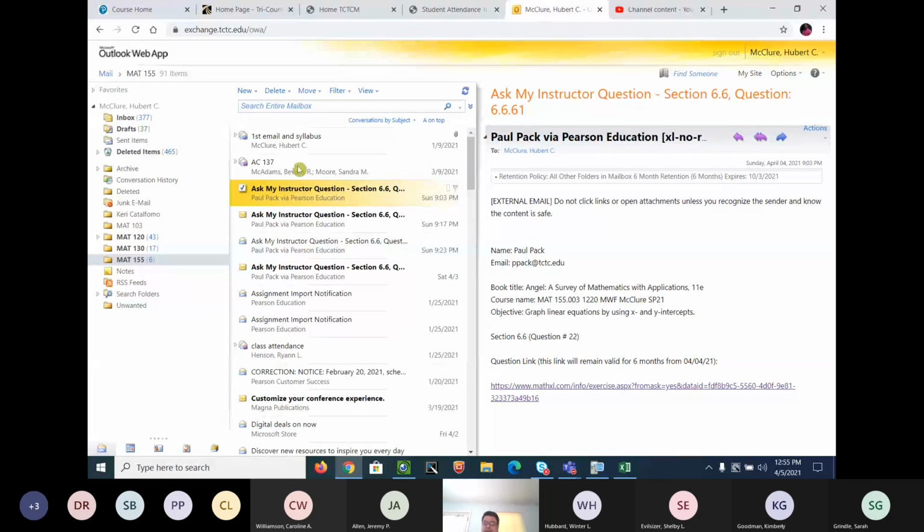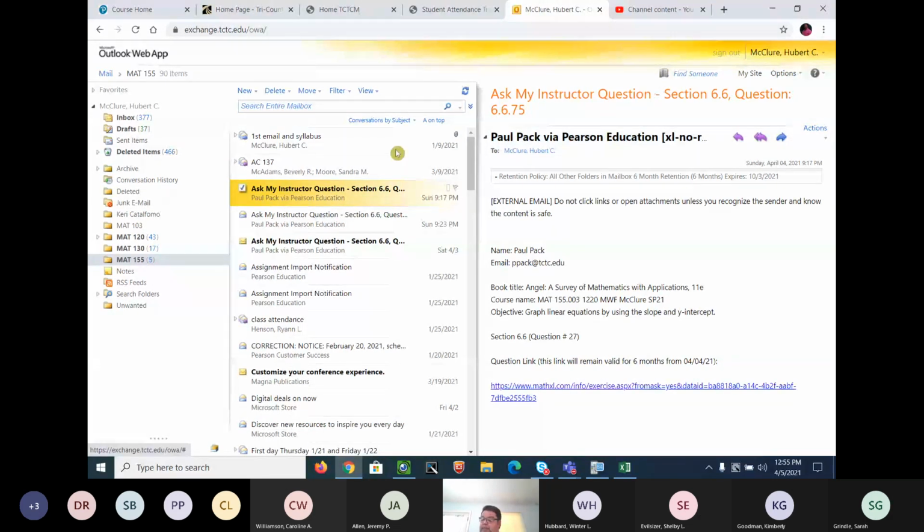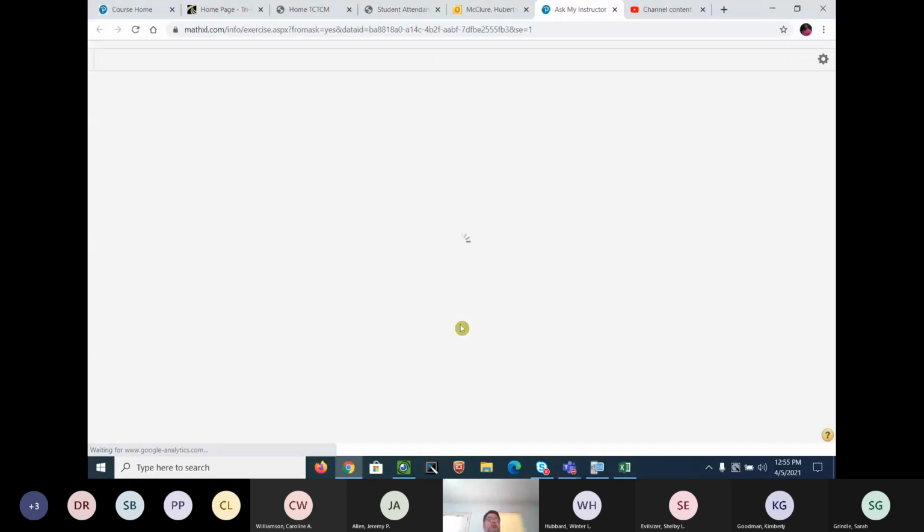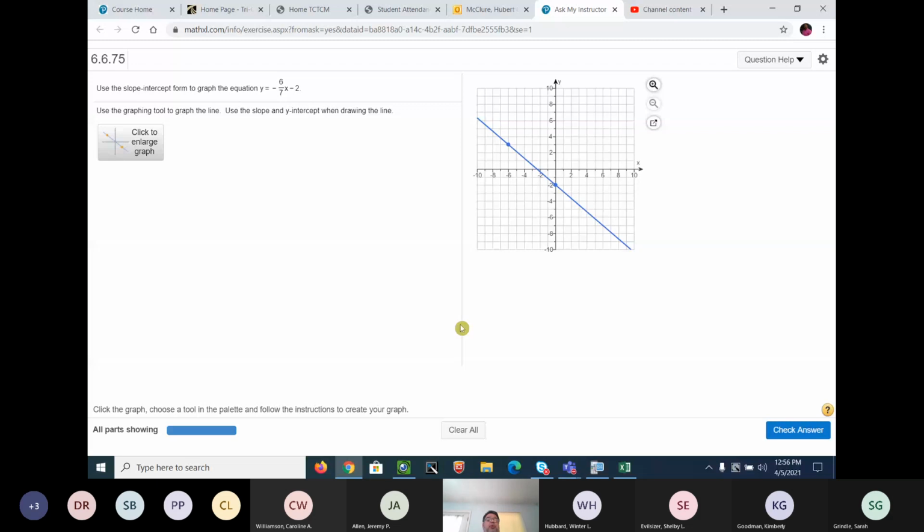This is 6.675 / 27. This one says, use the slope intercept.